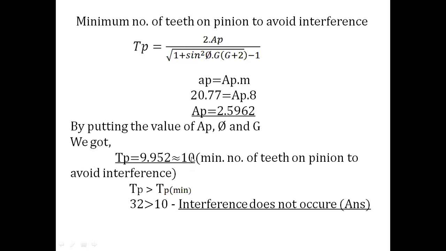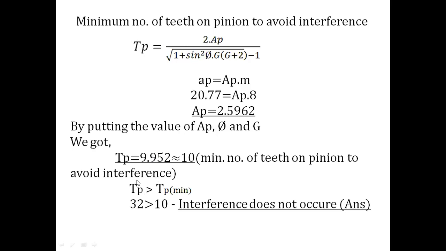If the number of teeth on pinion is less than this minimum number of teeth, interference will definitely occur. But if the teeth on pinion are greater than this 10, at that time interference does not occur. So what is TP, the teeth on pinion?